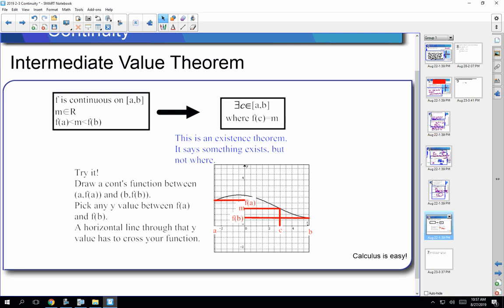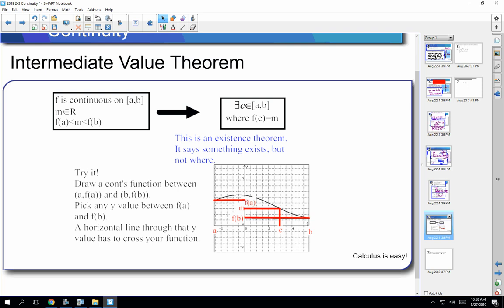In other words, it's between f of a and f of b, strictly between, so it can't be f of a or f of b. That could be problematic. Then there is some value c between a and b that you can plug into the function, and it will equal that value m.